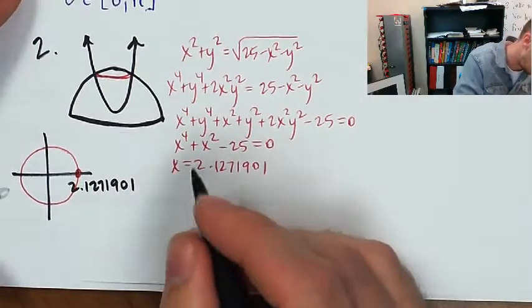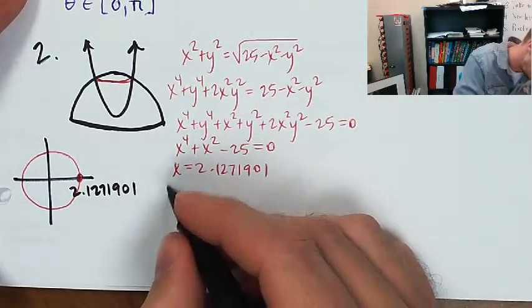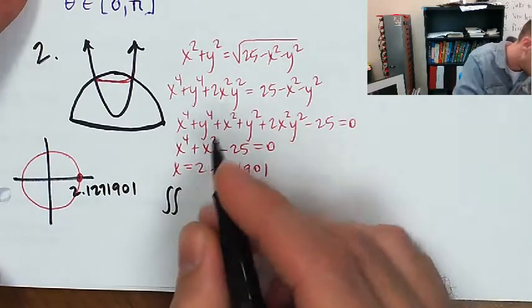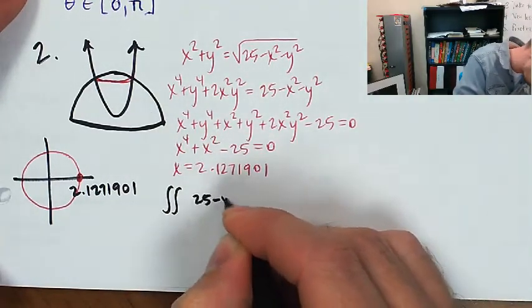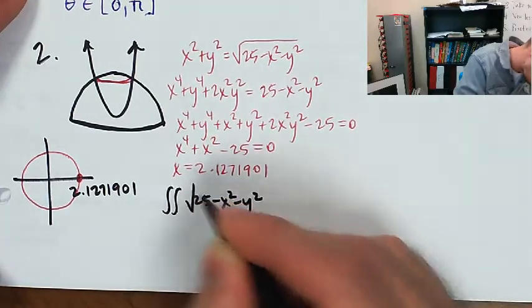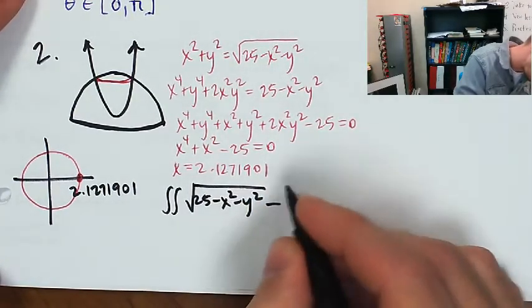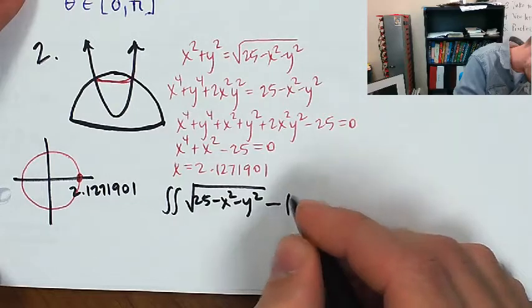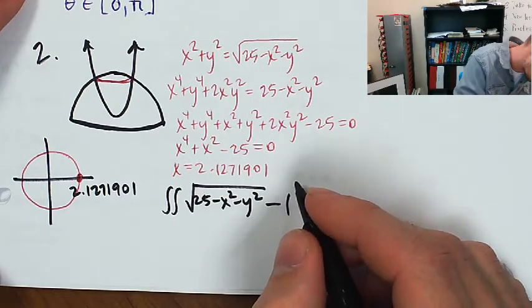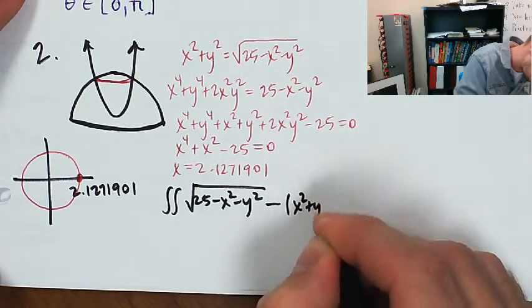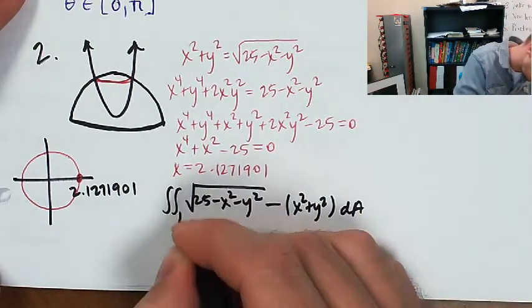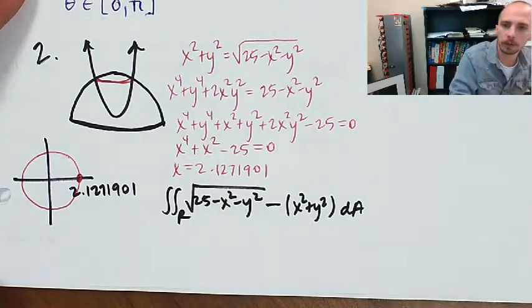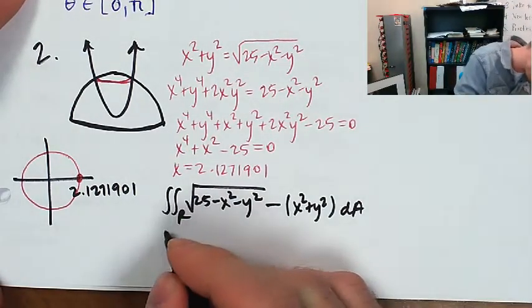So now I was interested in doing the double integral of sphere minus paraboloid, z equals x squared plus y squared, dA over the region R. But I'm going to do this by switching to polar.